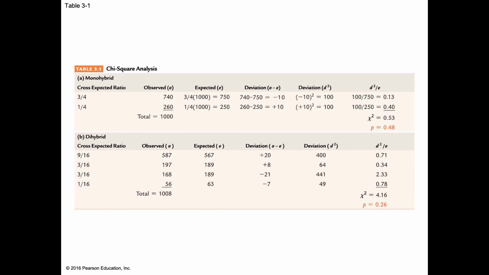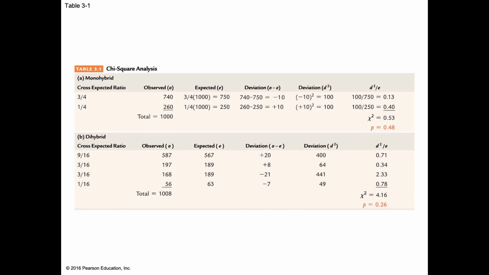And so we would do observed minus expected. If we observed 740, but we expected 750, the difference is -10. And if we observed 260 white flowers and we only expected 250, the difference is +10.